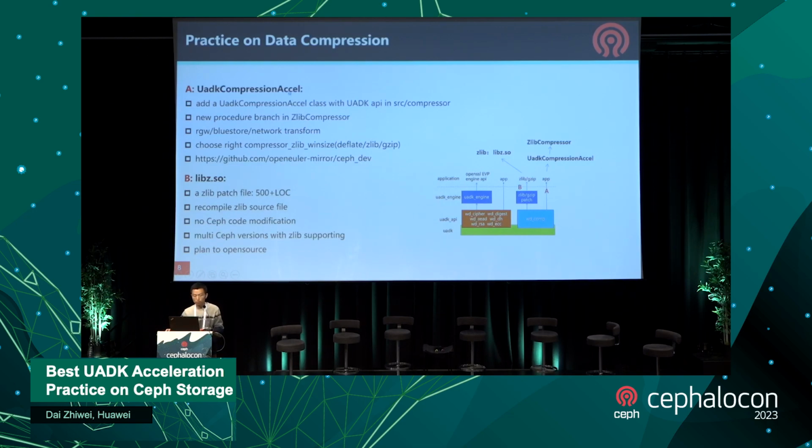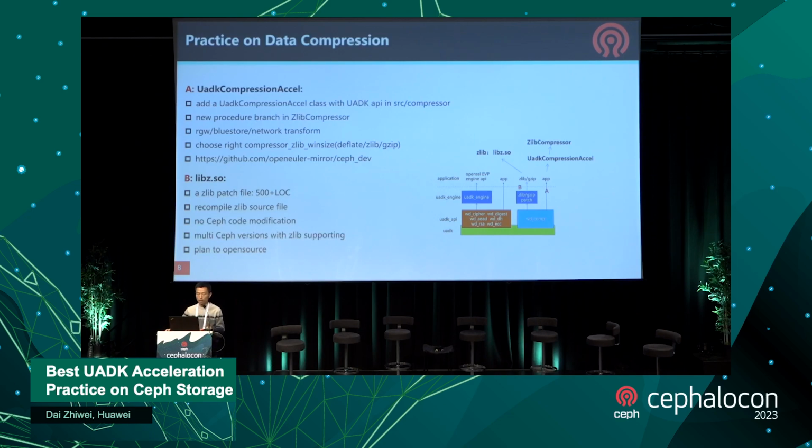The other practice is on data compression. We also have two options. The first one, we add a UADK compression accelerator class with the UADK API in the Ceph compressor. It means there's a new branch in the Ceph compressor.